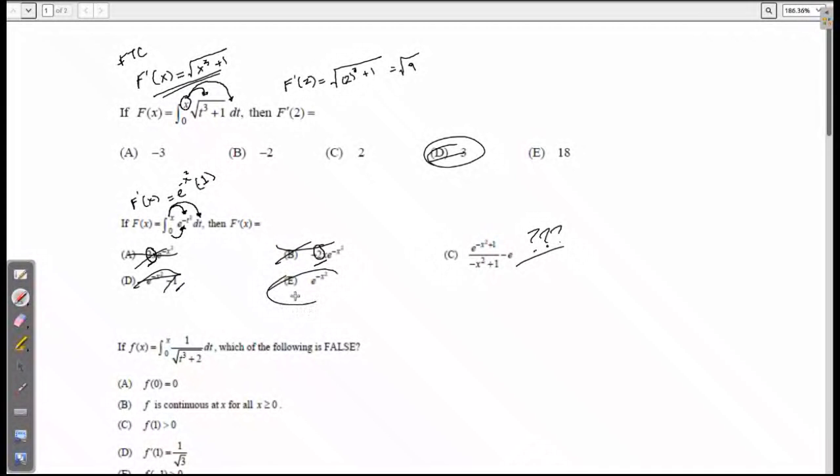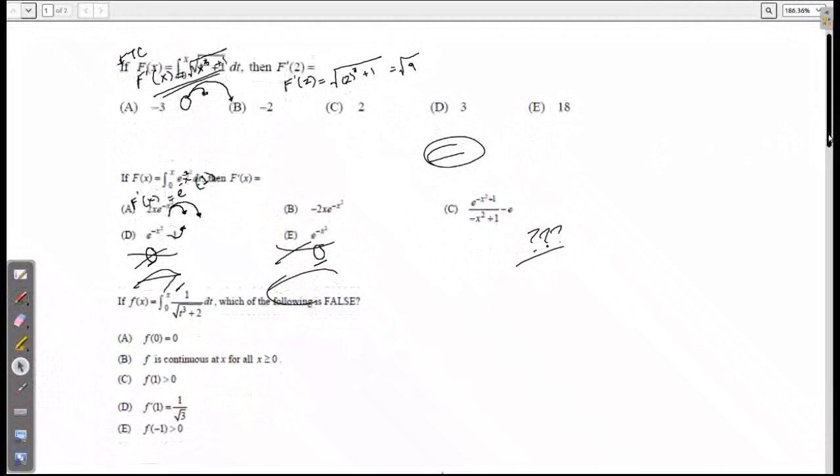But E ends up being our best answer. And so the idea here is that we're using this fundamental theorem of calculus, but we're using it in such a way that we can answer these questions fairly simply. So I want to continue in this vein. We're going to take a look at a couple more problems on this page.